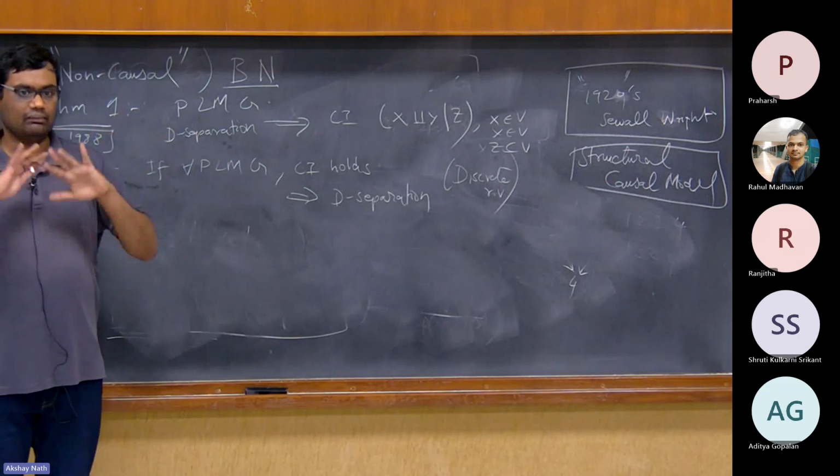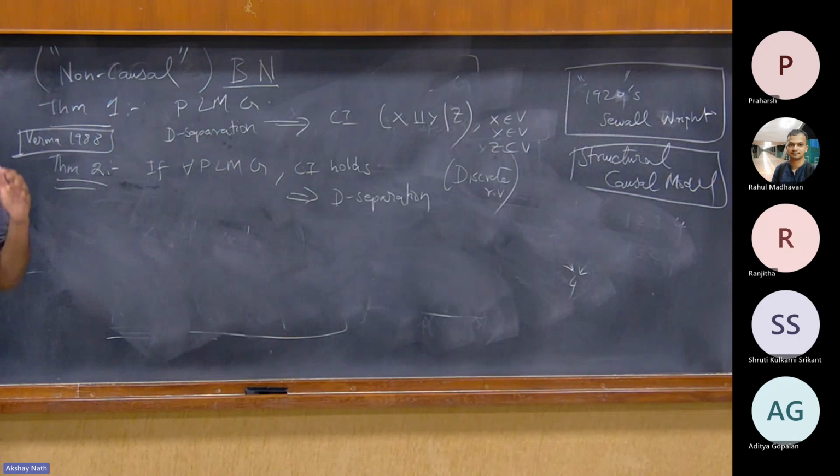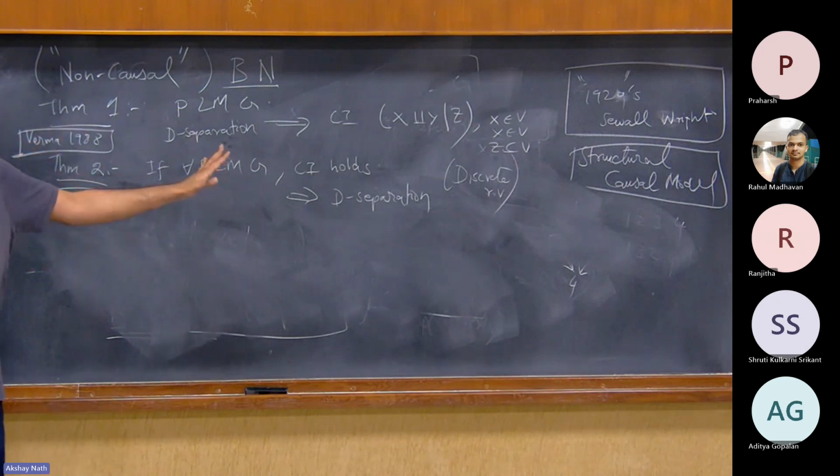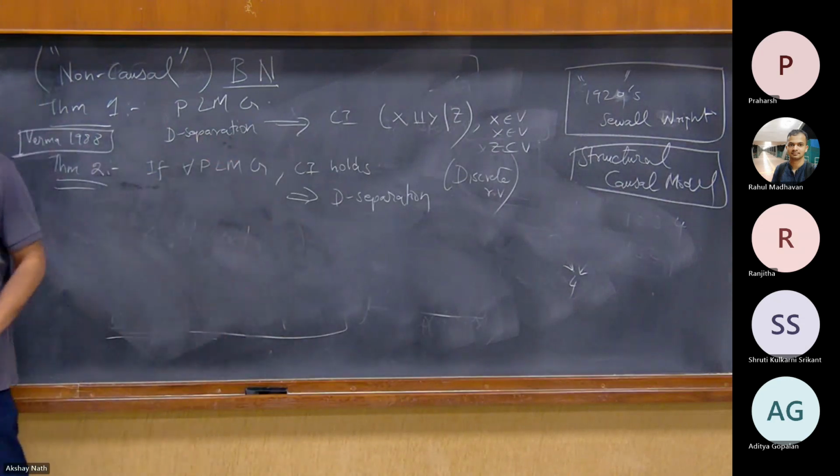Then that family is called faithful. And it turns out the subset of faithful distributions is measure 1 over an appropriate parameterization of joint probabilities for discrete variables. So you're not missing too much in the reverse direction. But I haven't told you in what sense, but we will come to that later.